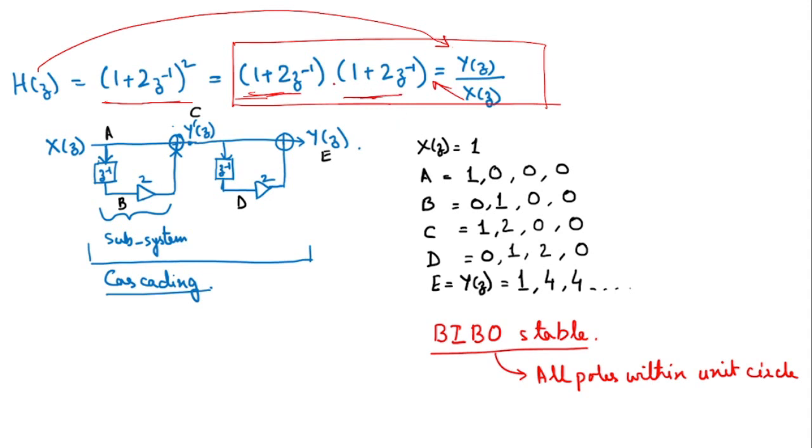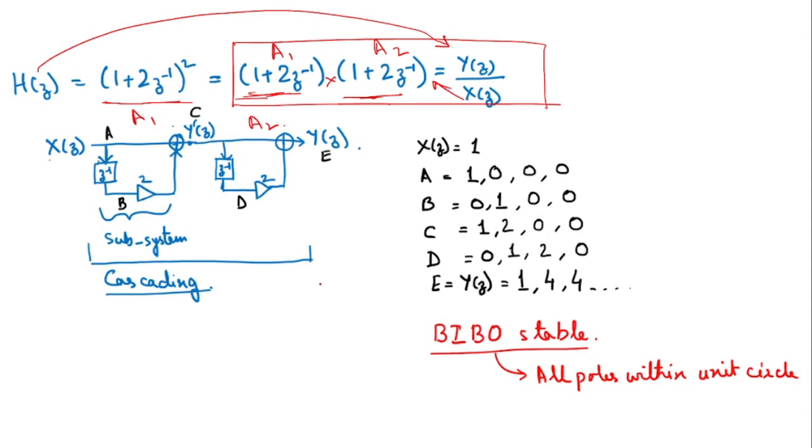Now, when we have a multiplier in between, what is happening? If you see, these are subsystems, say this is capital A1 and this is capital A2. The output of A1 is taken and fed into A2. So input goes to A1 and then it goes to A2.